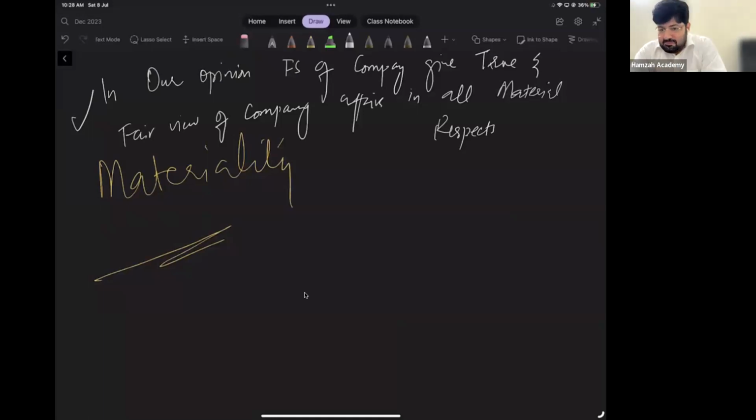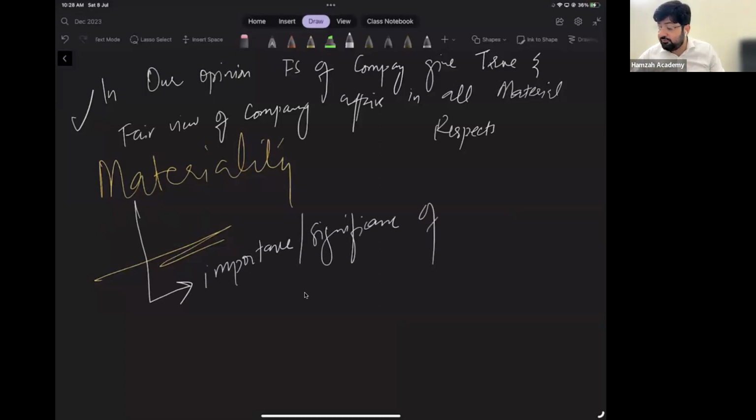So materiality. Material means importance, significance of a matter, information in a particular context.